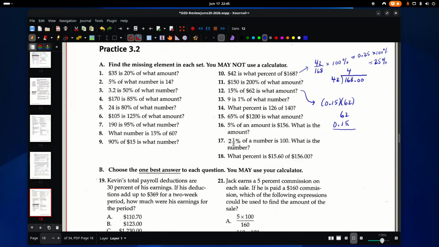And so we get 5 times 2 gives us 10. So we'll put a 0 there and carry the 1. 5 times 6 is 30, and 31, so we get 310.